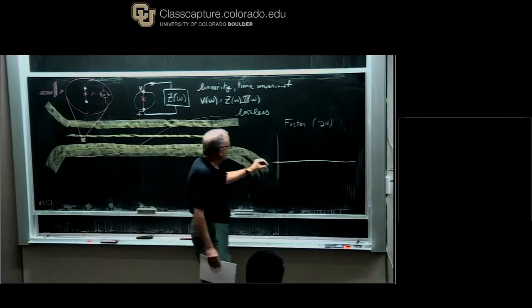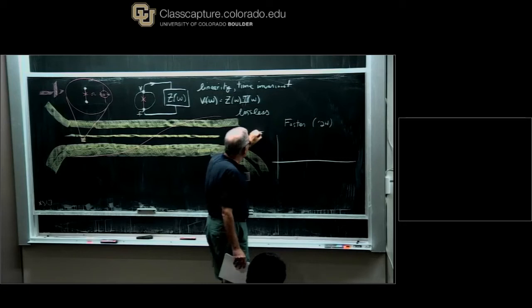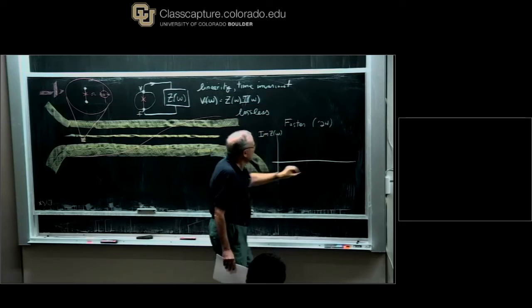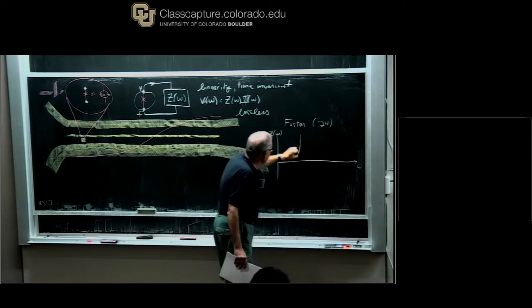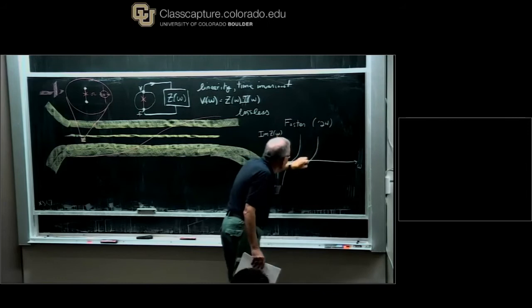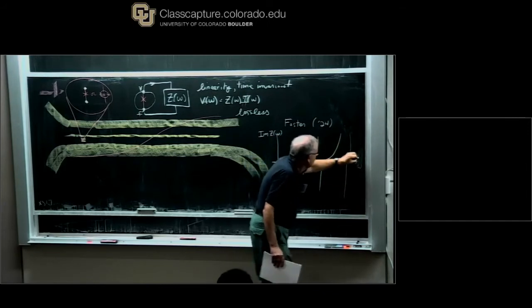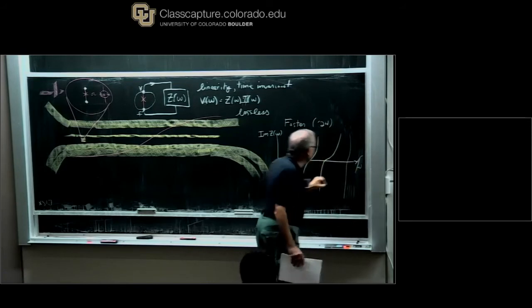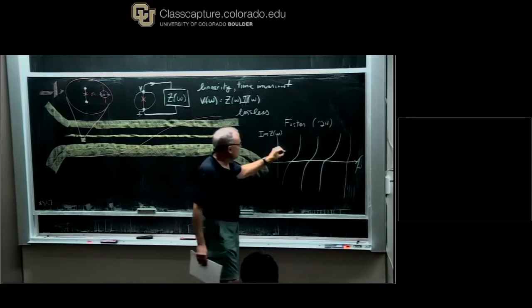One is that if Z is lossless, then of course it only has an imaginary part, Im Z of omega, as a function of omega, and it will consist of a series of simple poles with positive residues, possibly infinitely many of them, but generically they're simple poles.